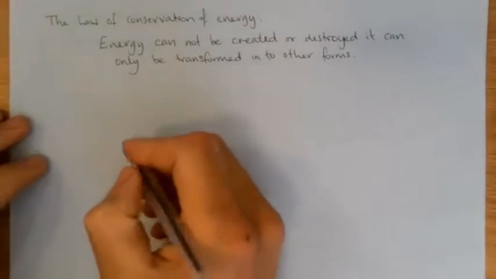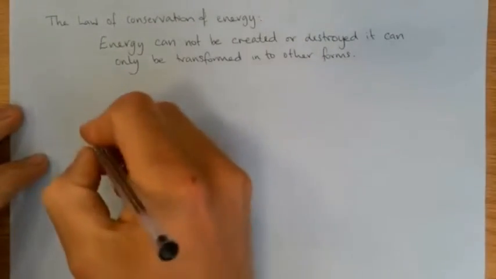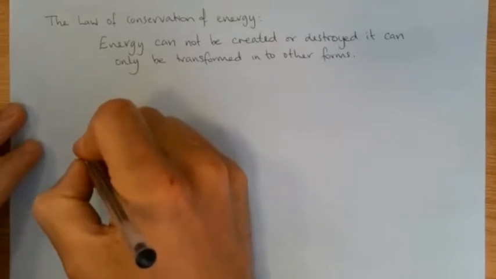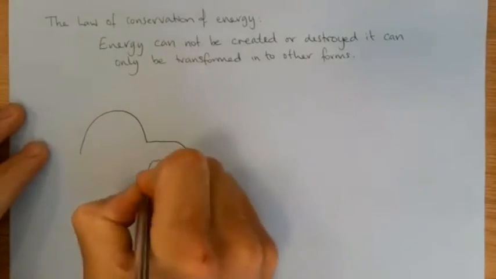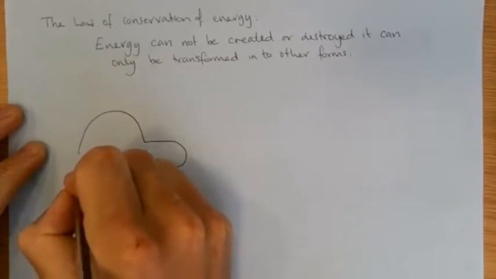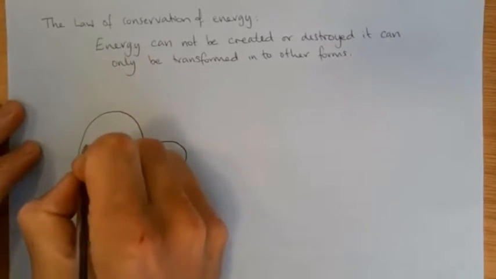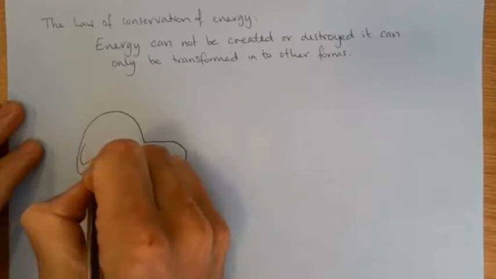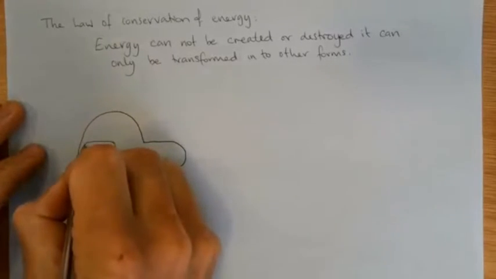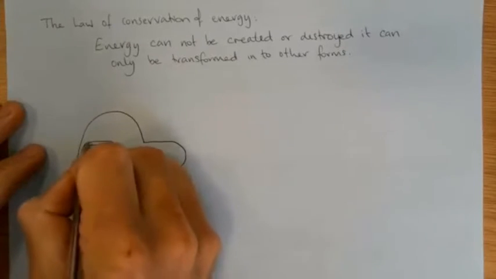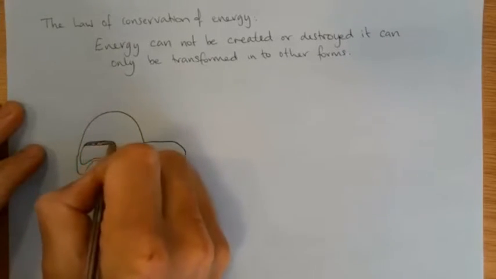Looking in detail, if we take an example to explain what it means, if we think of a car, and in the car there is a fuel tank, which has got fuel in it to that level there.